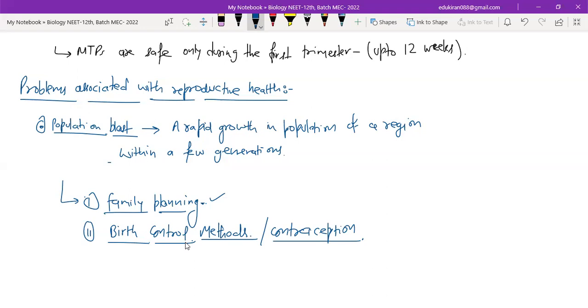The family planning helps both the mother and the child's health, and also helps in regulating the population growth curve.